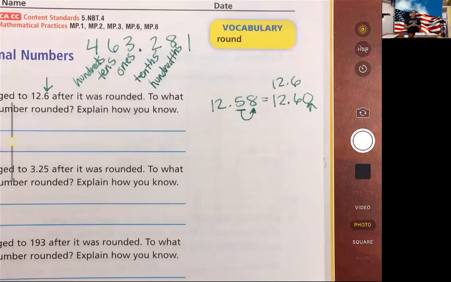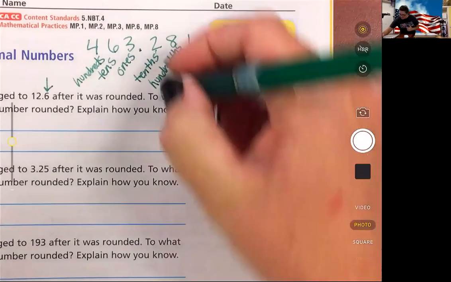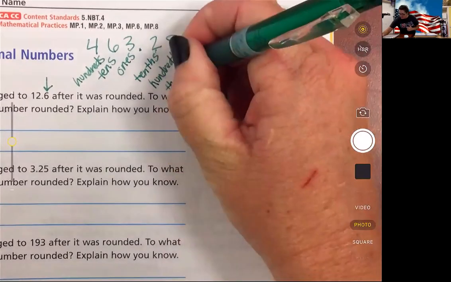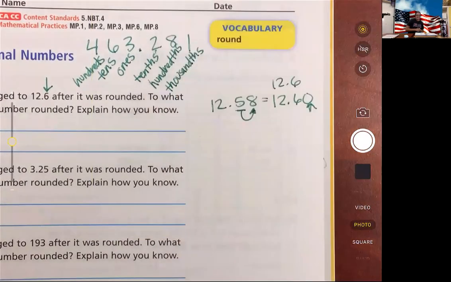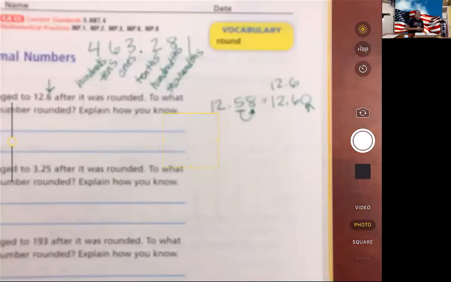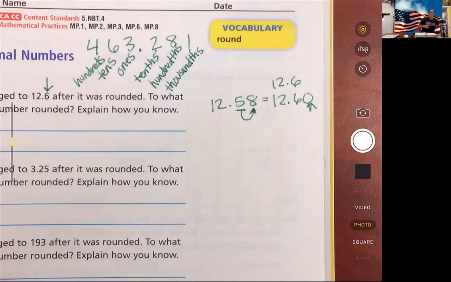How about that 1? What place value is that 1 in? Thousandths. Yes. And if I added another digit, what would that be in? What comes after 1,000 if I'm going the other direction? 10,000. 10,000 was my next place.